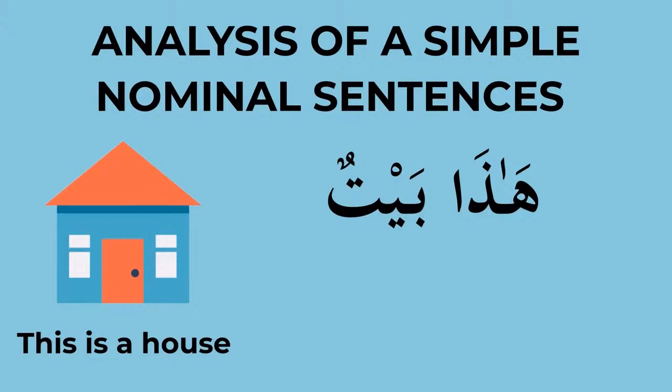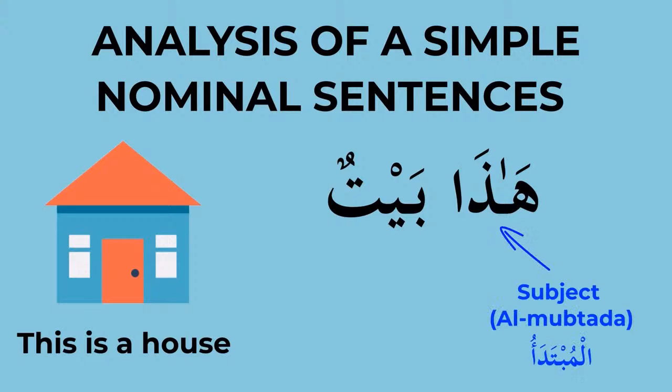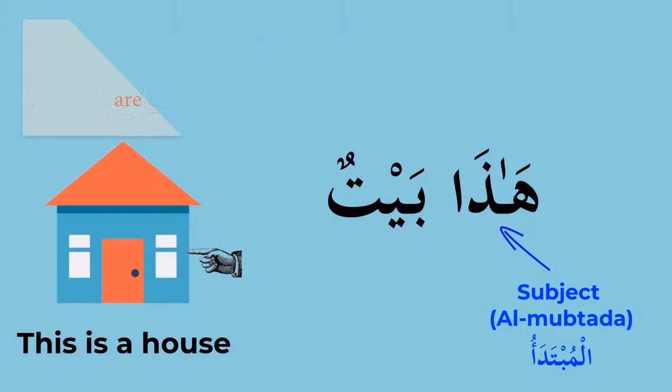Okay. So when you say Hatha baytun, where is mubtada? Hatha is your mubtada. And remember, it is definite, because when you say Hatha, you are pointing out something particular. In fact, let me tell you a rule.